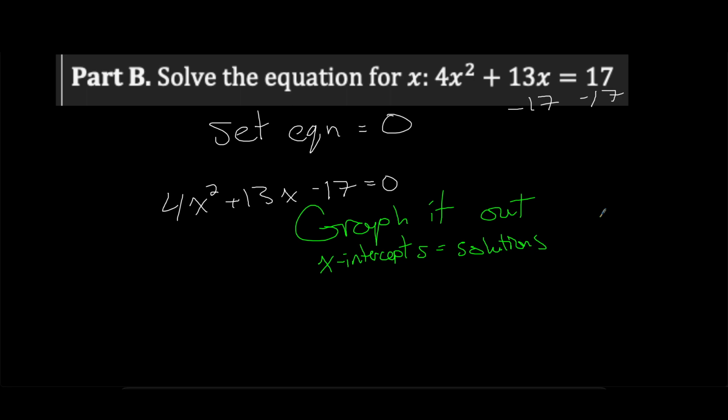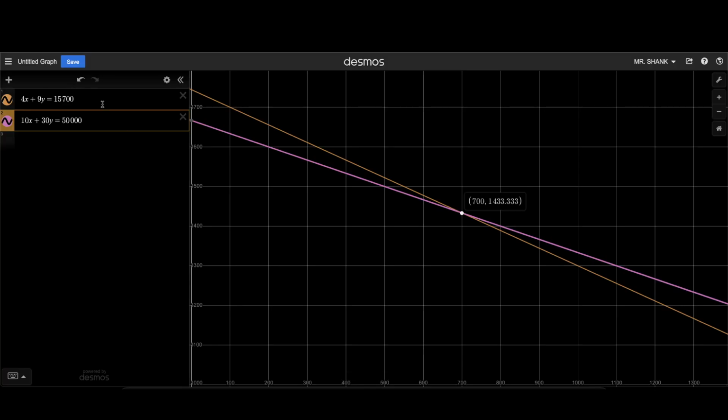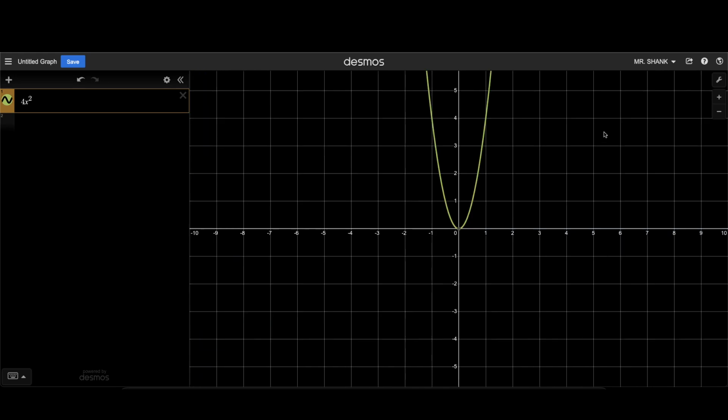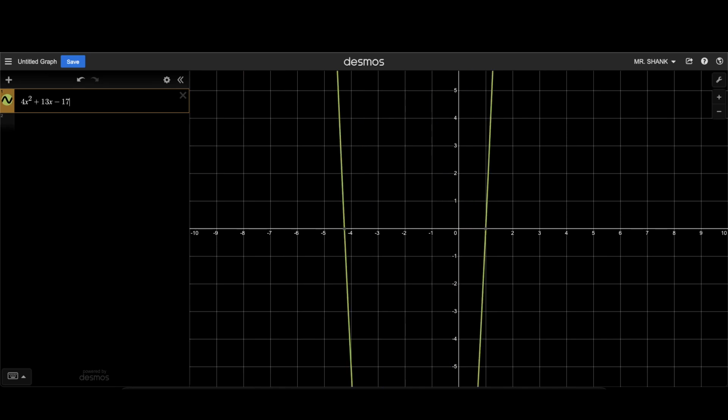So let me type it in like this. Okay, I have my equation. Let's say 4x squared, then hit that home button. There we go: 4x squared plus 13x minus 17.